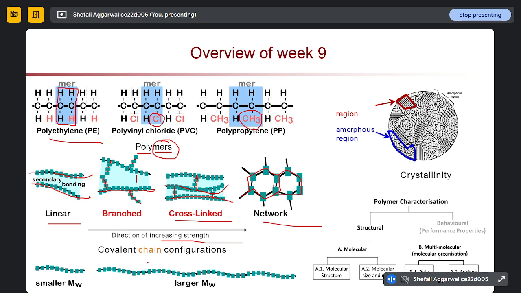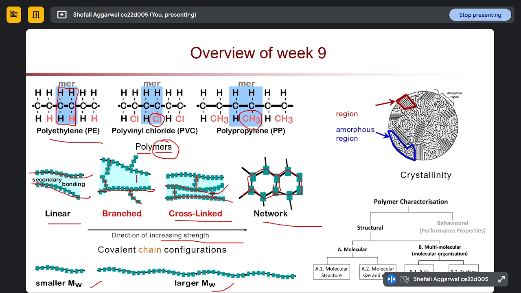First and foremost important characteristic is the molecular weight. The bigger the chain, the more molecular weight it will have. So it is directly proportional to the chain length. The larger the chain, the more will be the molecular weight of your polymer.